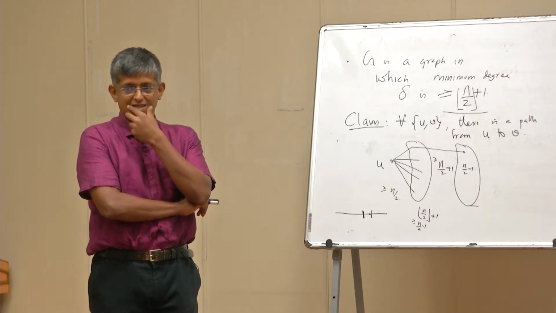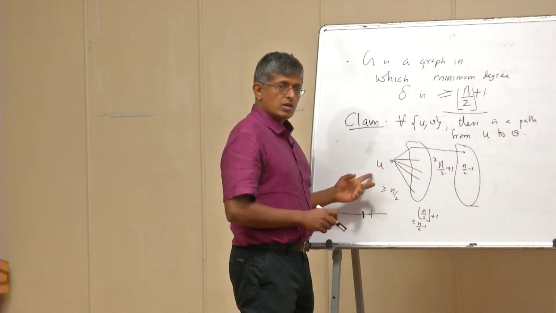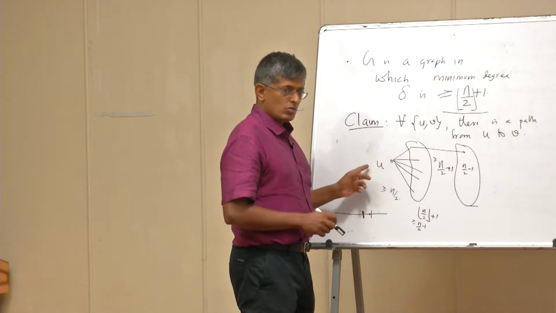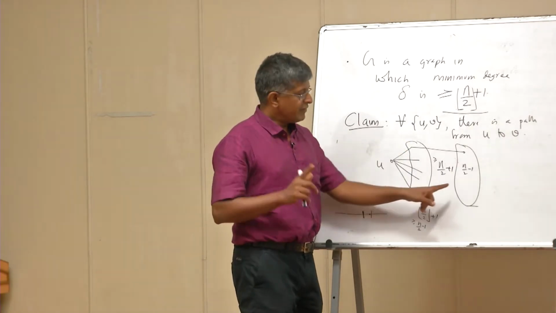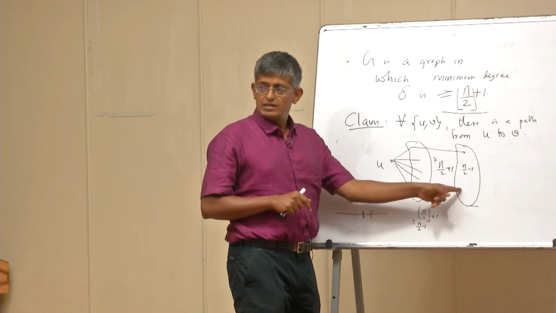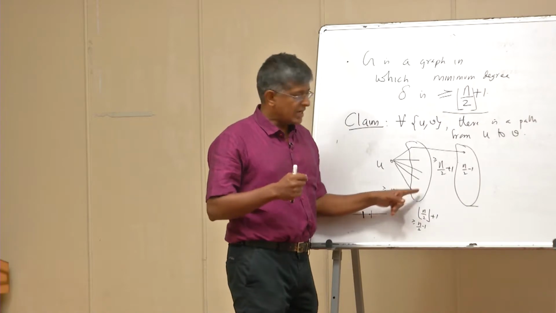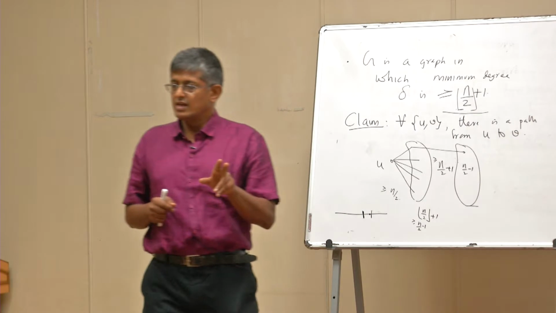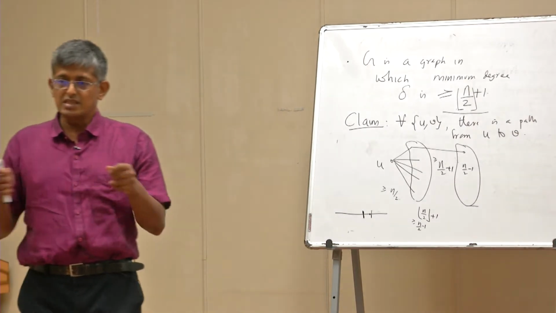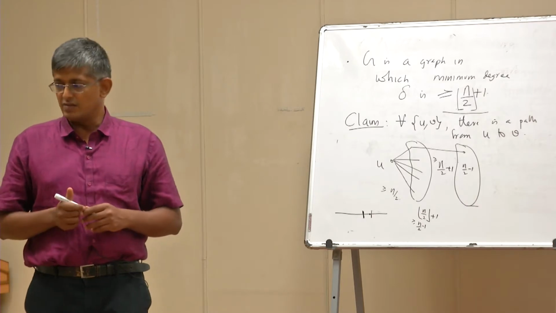Two, somebody said. That's correct, because if you look at u, v could be here, in which case the path length is 1. If v is here, it is going to have a neighbor here. It should be adjacent to somebody here, therefore this path length is 2. Therefore, for any pair, within 2 hops or 2 edges, you will get to the other vertex.